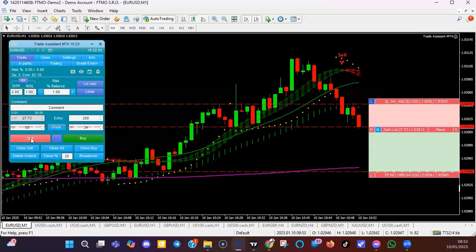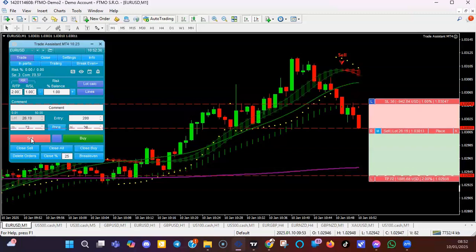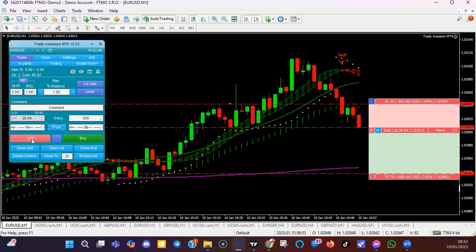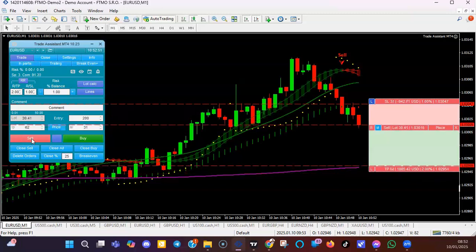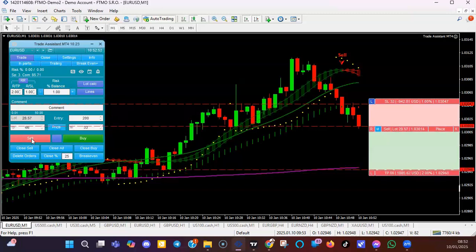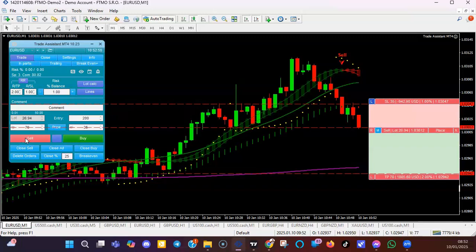Very close to it. All right, 3.5 pips stop loss. If we go any lower, I'm in because of that low point there.